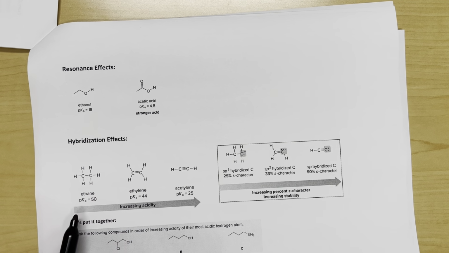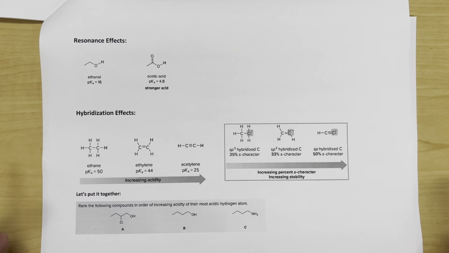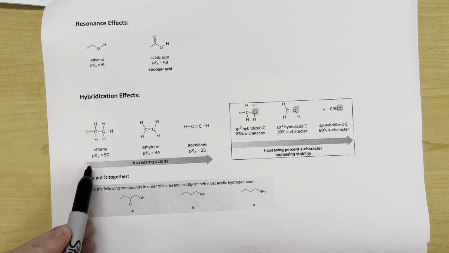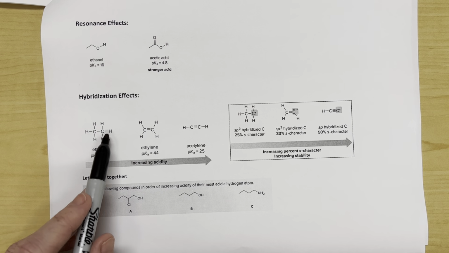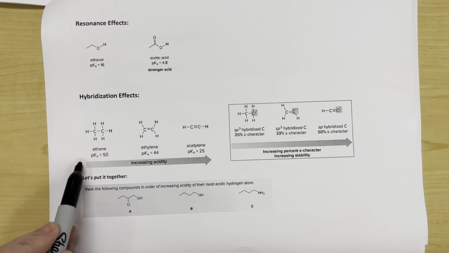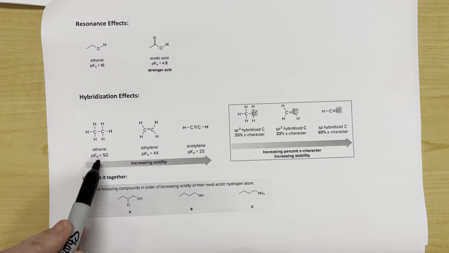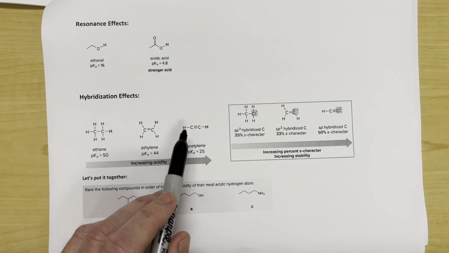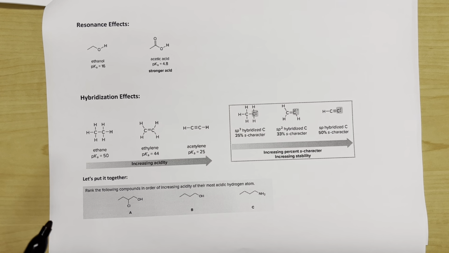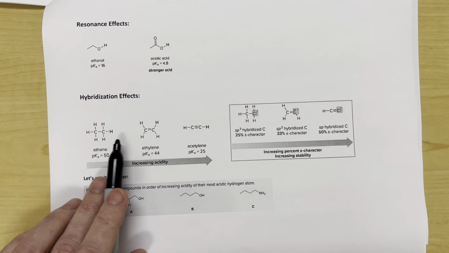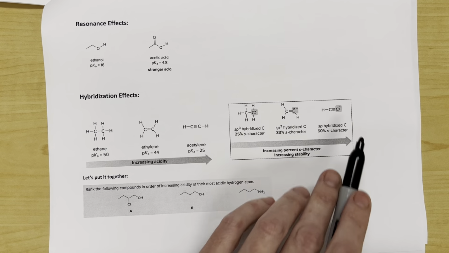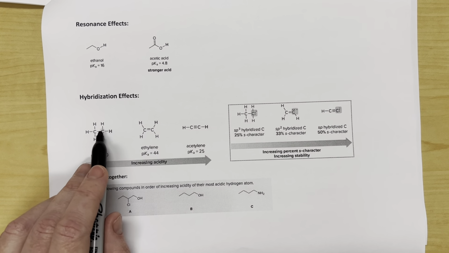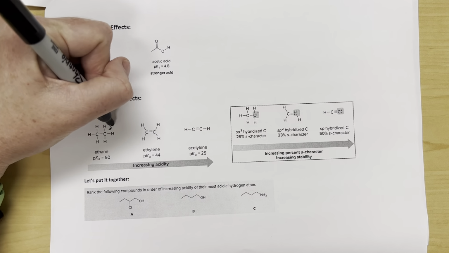All right, and hybridization effects. This one's actually relatively quick to go through. If you have a single bond, it's got a really weak acidity. A double bond, a little better, and a triple bond is far more acidic. And that goes right along with the S character that we talked about. Remember, singly bonded carbons are sp3.